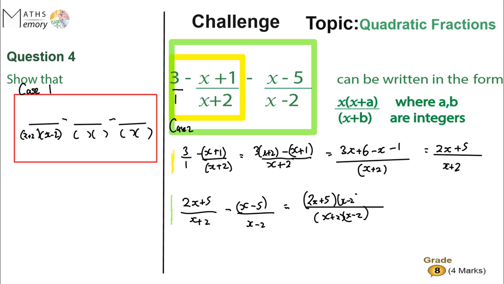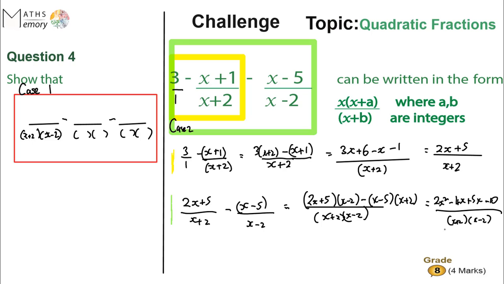x minus 2, minus x minus 5, x plus 2. Okay, so that's going to give us an answer now of, if we multiply the whole thing out, 2x squared minus 4x plus 5x minus 10 all over, this is going to be the same thing over here, x plus 2, x minus 2.